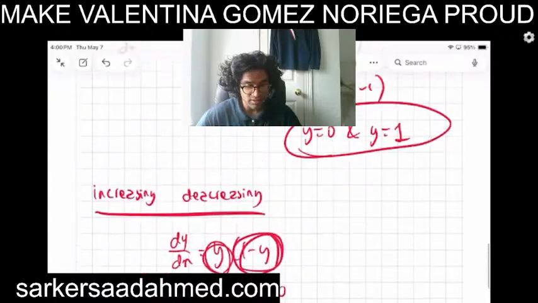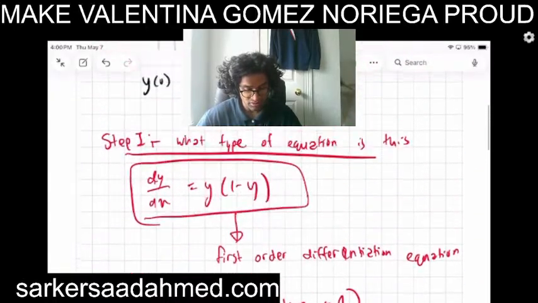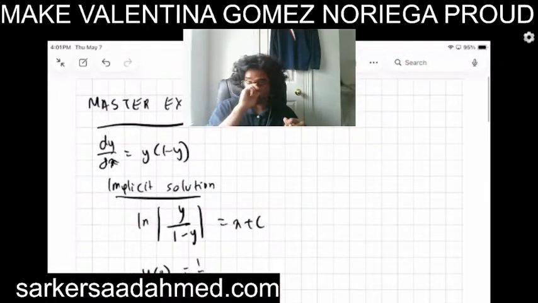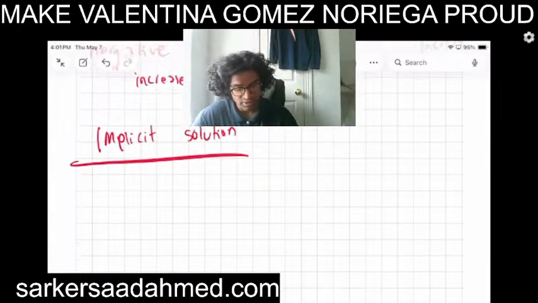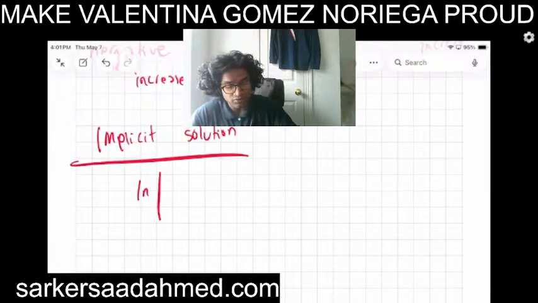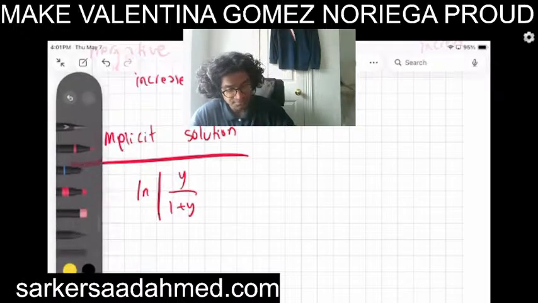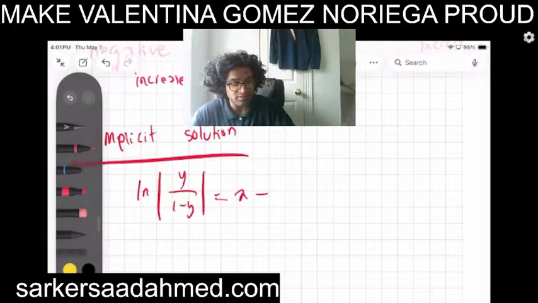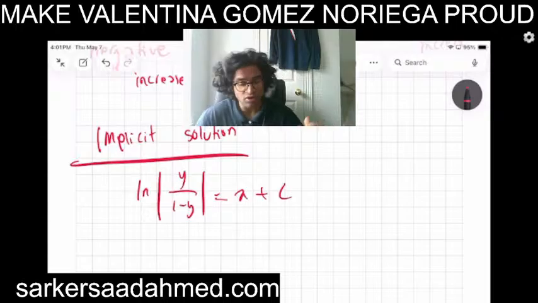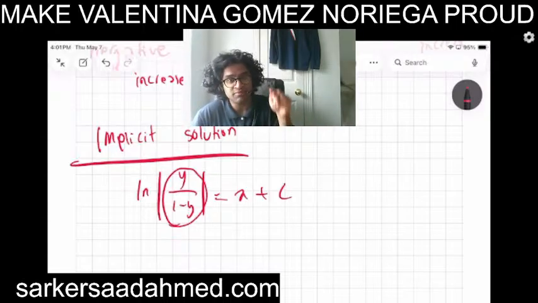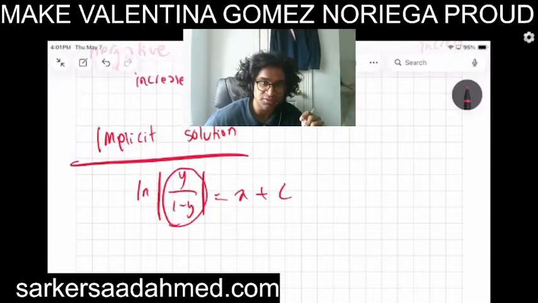So when you look at our question, the question was ln of y times 1 minus y is equal to x plus c. The only reason we say this is an implicit solution is because y is trapped inside the function.